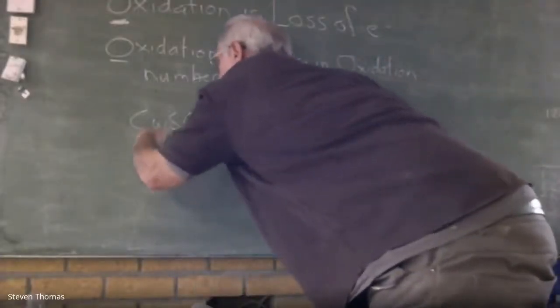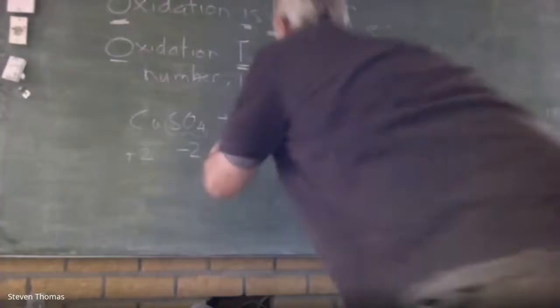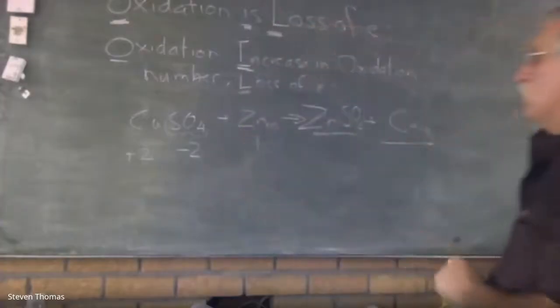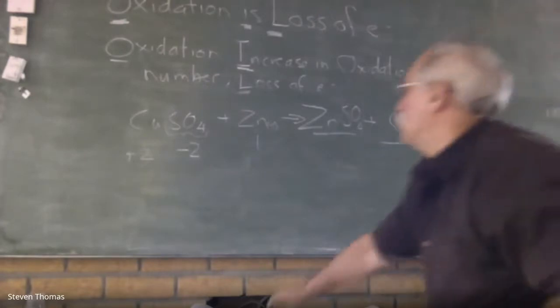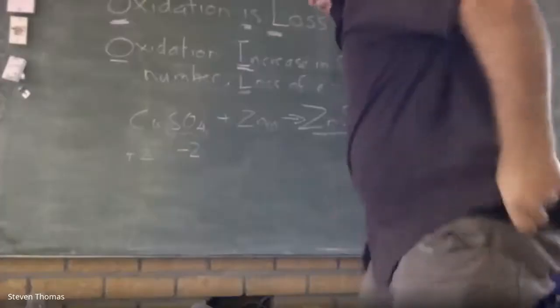So what is this copper going to be equal to? +2. And then what is this zinc going to be? 0, because it's all by itself, right?